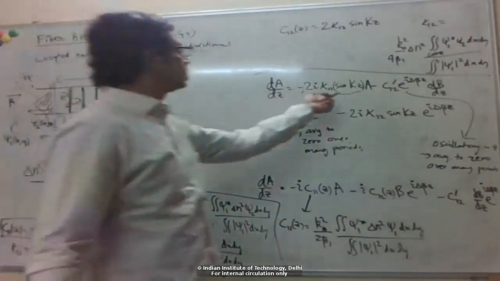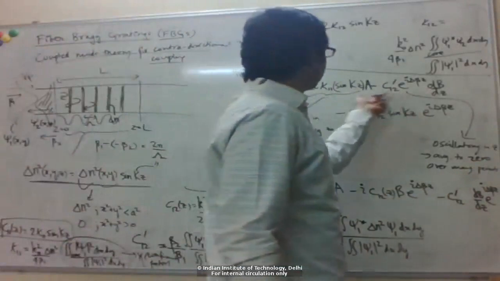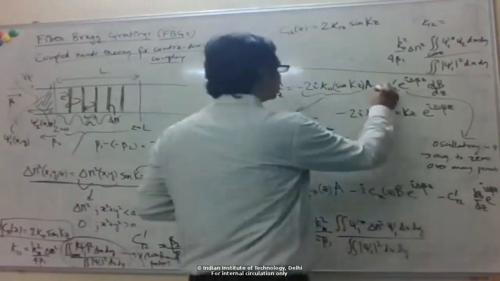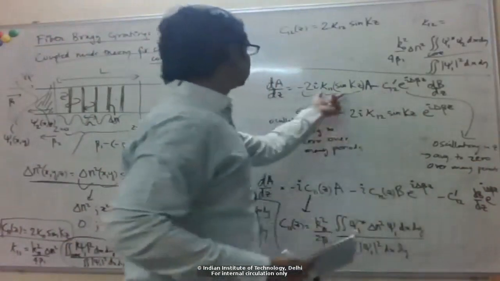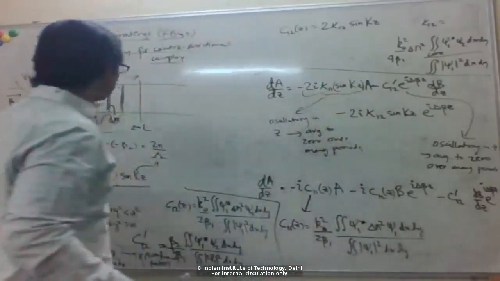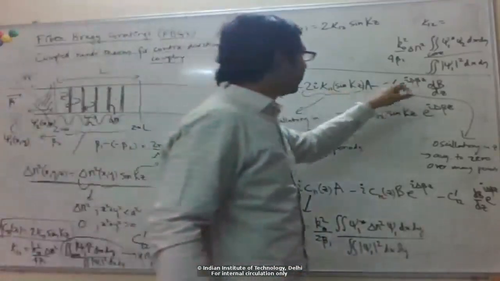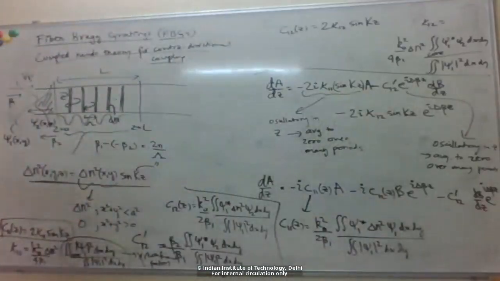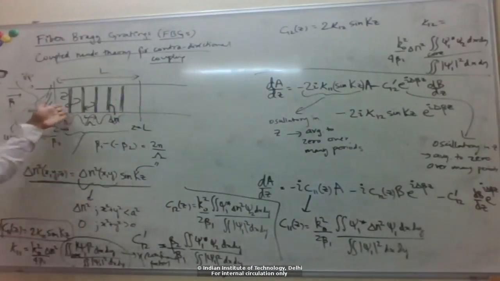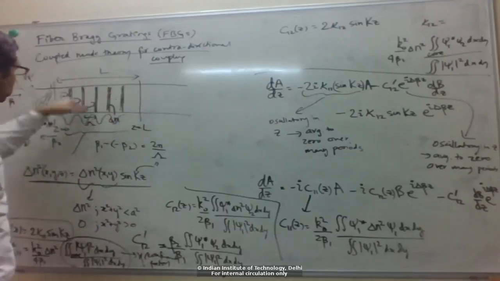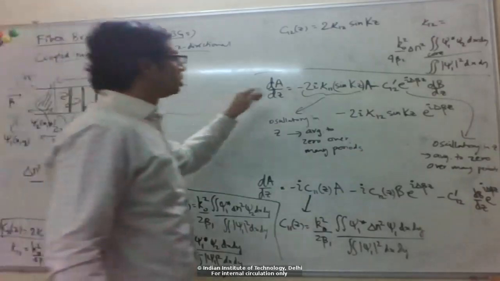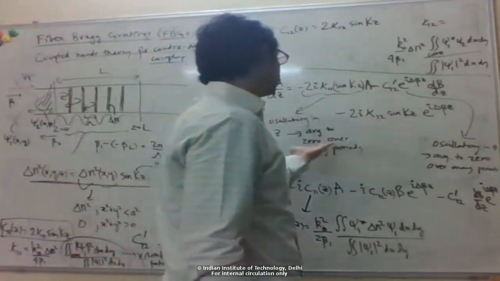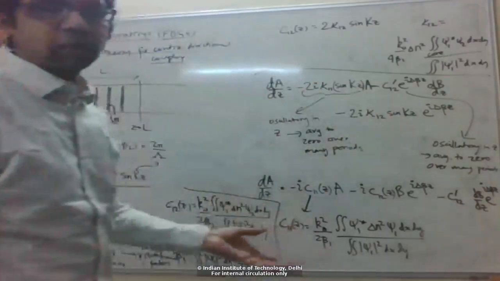So actually these two terms we end up neglecting, because their coupling coefficients are Z dependent and oscillatory with Z. If you integrate over a length which has many periods, all the positive and negative terms will cancel out, and they'll end up contributing something very small, close to 0.